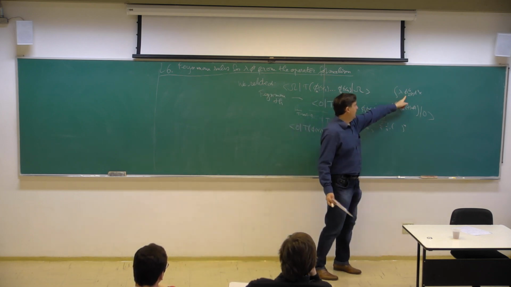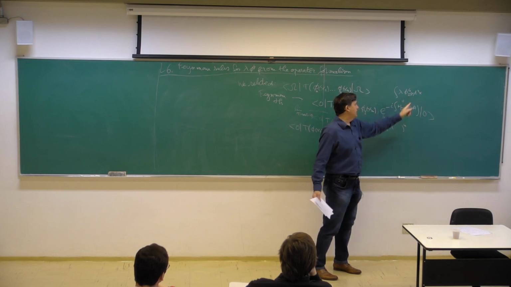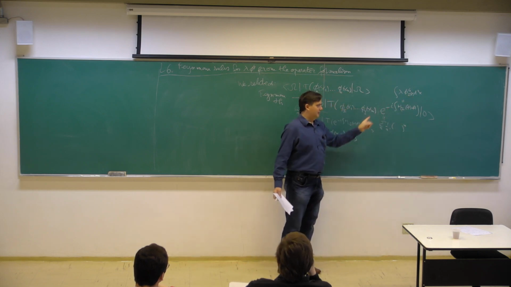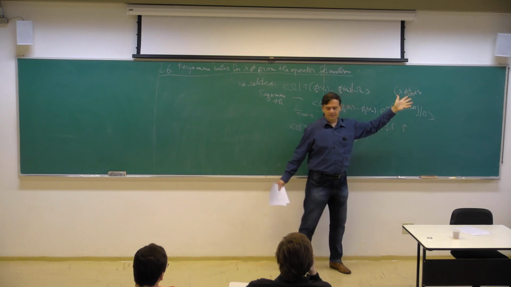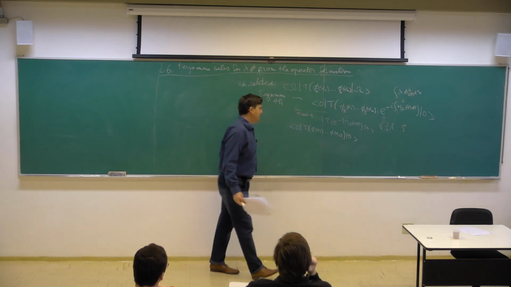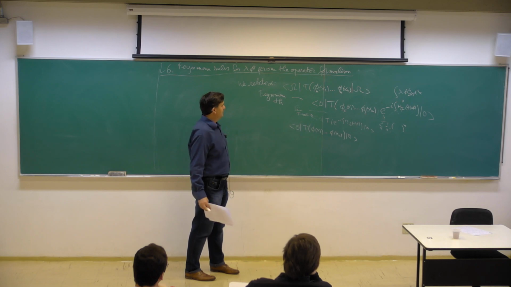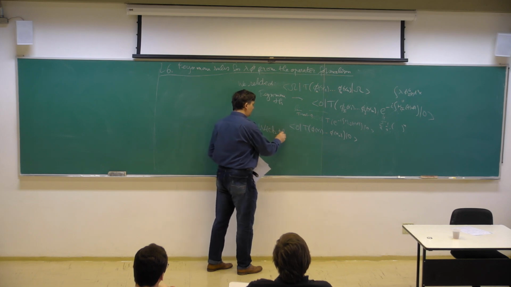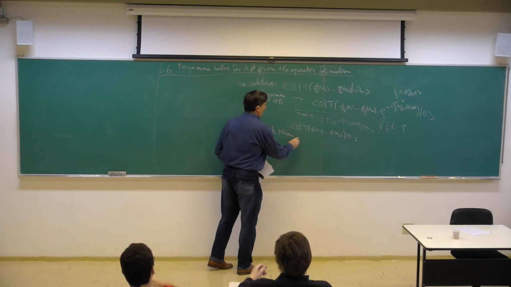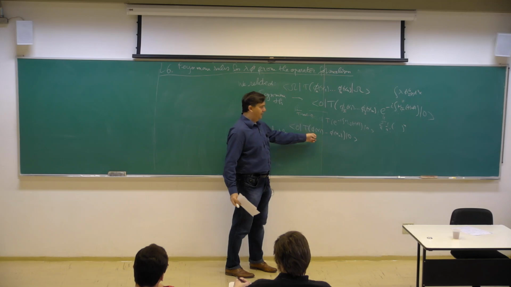Because by expanding this, I also get products of phi's. The only difference is there will be several phi's, in this case 4 phi's at the same vertex, but otherwise they're of the same type. And then finally we had the Wick theorem, by which we've calculated things like that.